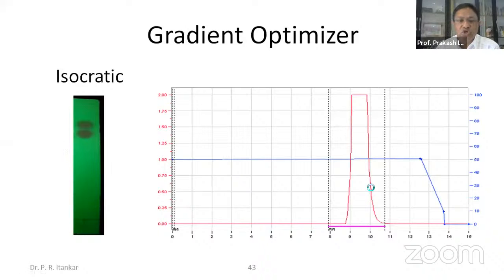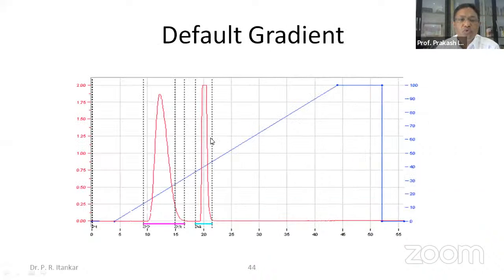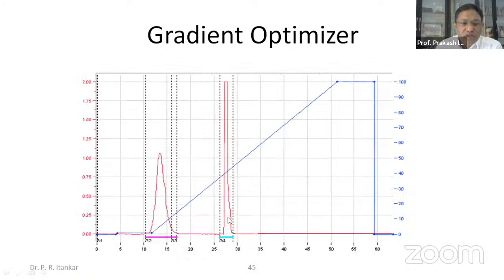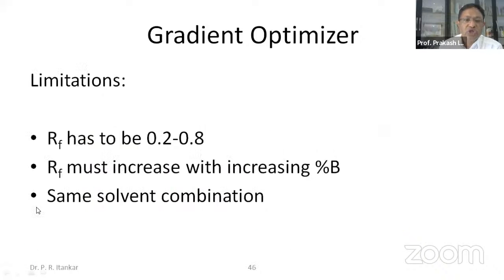We need separation, and if you just optimize the gradient based on your understanding of the chemistry of the constituents as well as the required solvent systems, then you can achieve this kind of separation of compound A and B. You can further make them distinctly separated, so that there is no mix of constituents with each other. The gradient optimizer helps you in achieving that kind of separation.